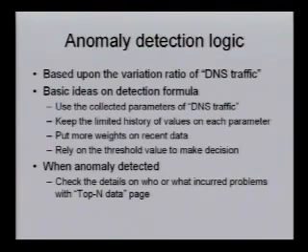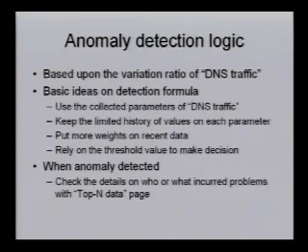I'll explain the anomaly detection logic briefly. Anomaly detection is based on the variation ratio of DNS traffic. Basic ideas on the detection formula are the following. Use the collected parameters of DNS traffic.